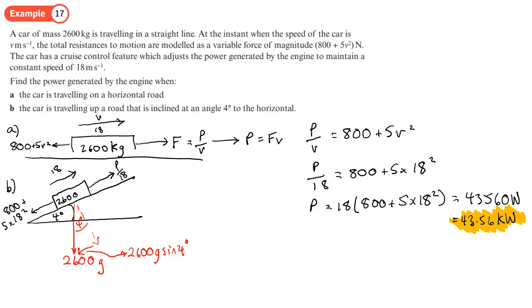So now let's write down that P over 18 equals the 2600 g sine 4 plus the frictional force of 800 plus 5 times 18 squared. So P, we can just work out all of that times by 18.